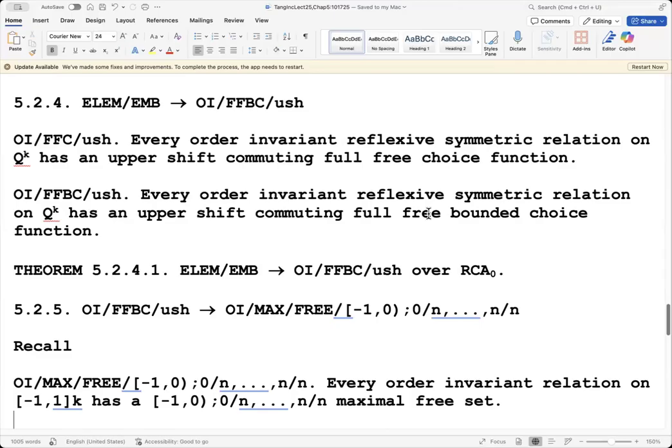And this is an interesting proof. You get the commutation with the upper shift out of the elementary embedding.